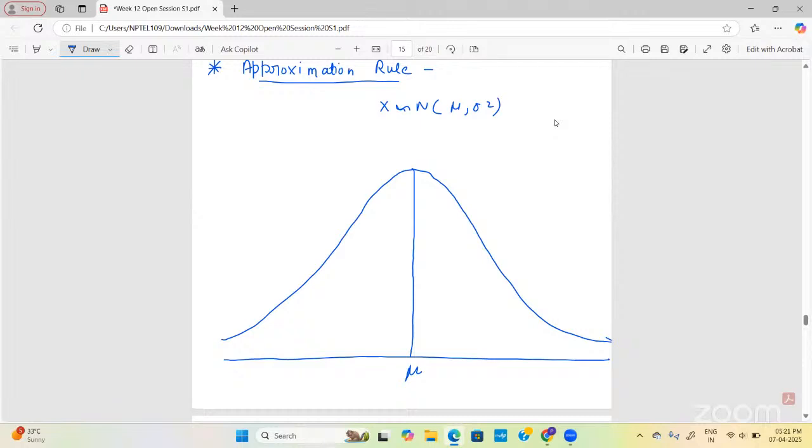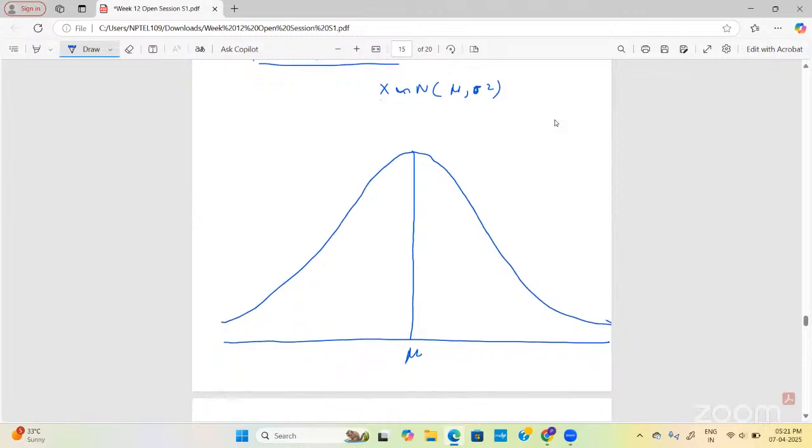What do you understand by sigma square? Sigma square is variance. And what does variance tell you? How much it deviates from the mean. Yes. So variance tells you how the other values deviate from the mean, or it is telling you about the spread of the data set, right?